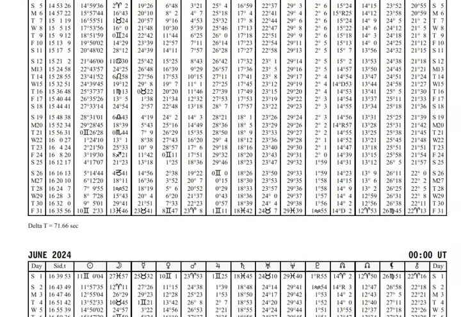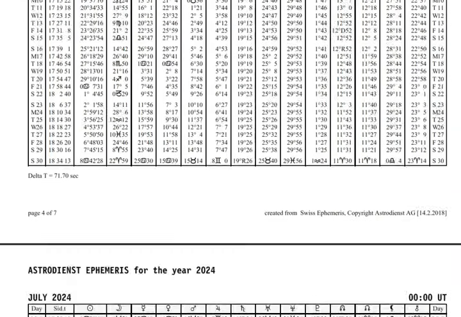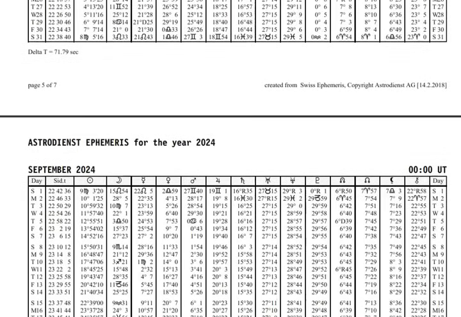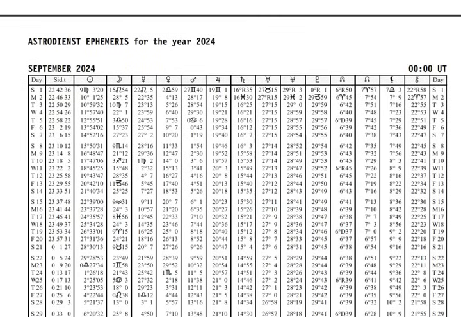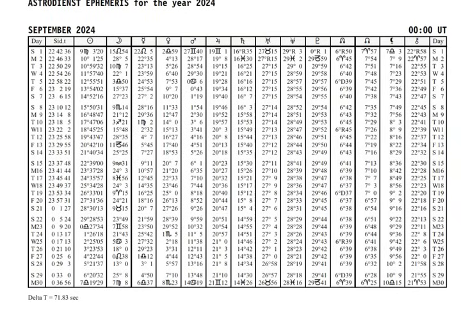So then we could just keep moving through this ephemeris until we get to the next pair of eclipses coming up. And you know what that means? The true north node is moving slowly. So here in September 2024, when we're going to have the beginning of another pair of eclipses, we can see that the true north node is at 6 degrees.